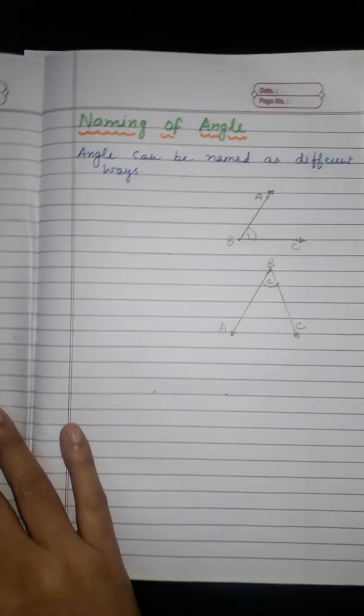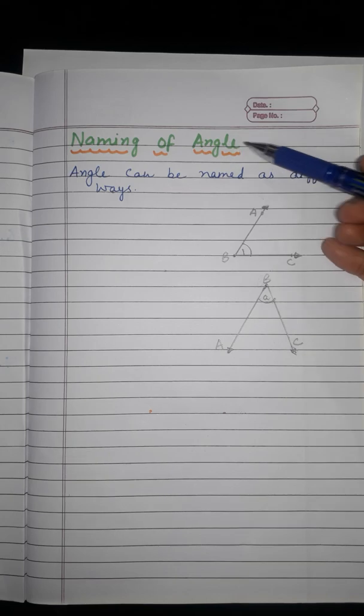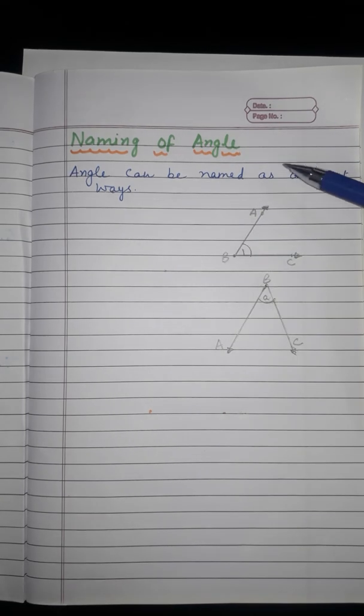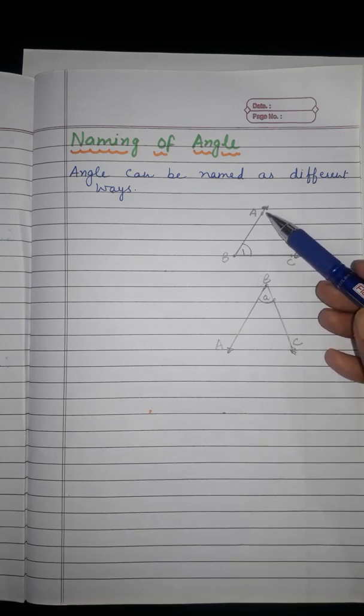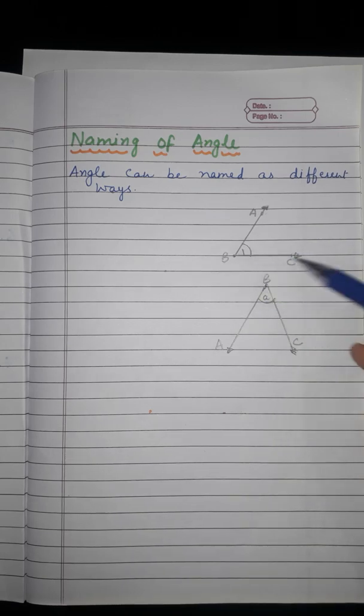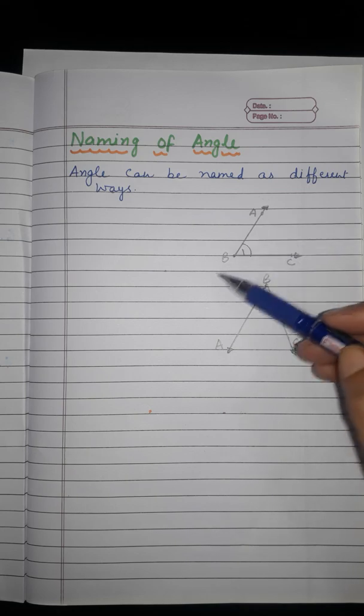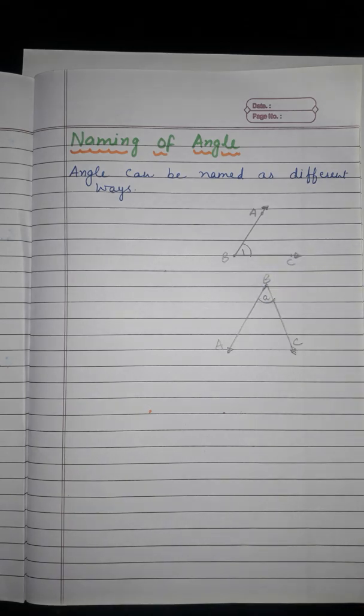Now, naming of angles. How can we write the name of the angle? An angle can be named in different ways. Here I have drawn an angle. So how can we name it?